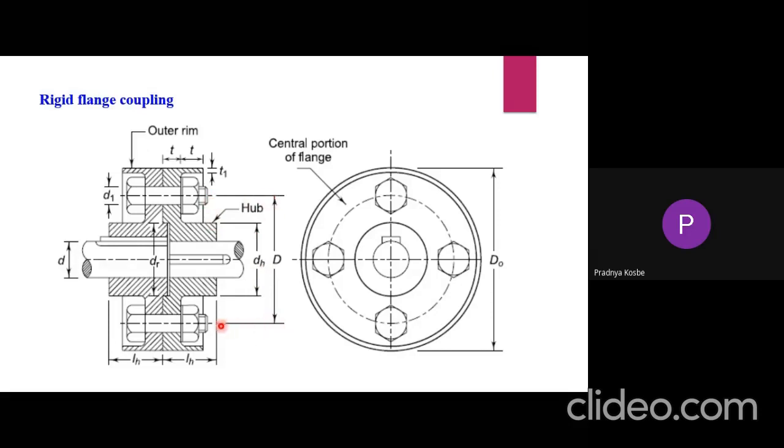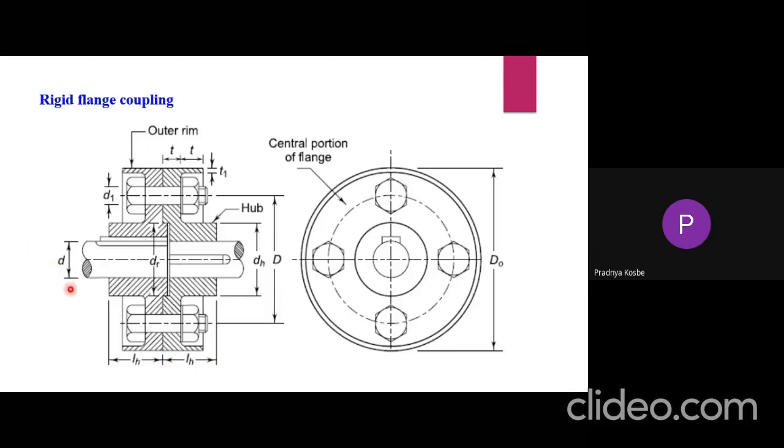Capital D is the PCD diameter for the bolts, the pitch circle diameter for the bolts. LH is a length of the hub from center position to end position. That is the length of hub.